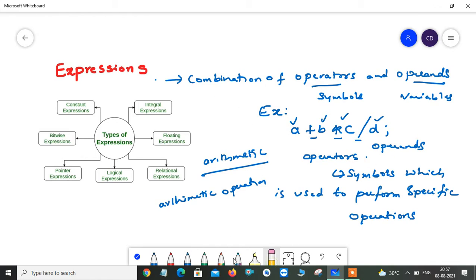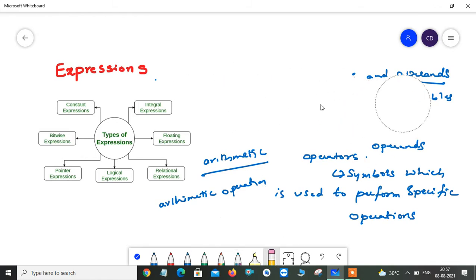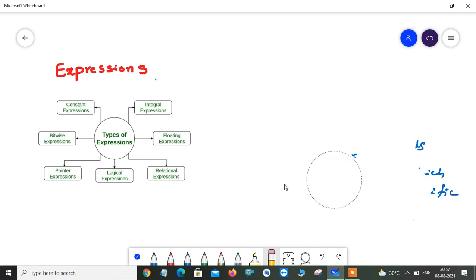Now we'll see the different types of expressions in C programming language.